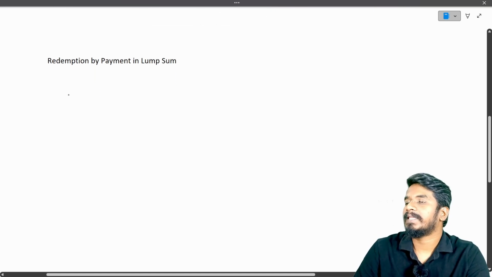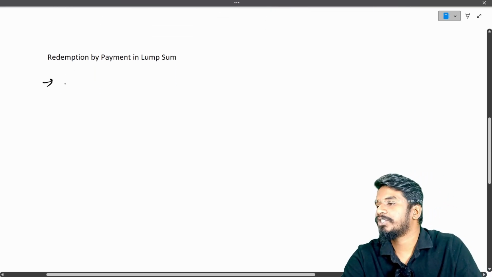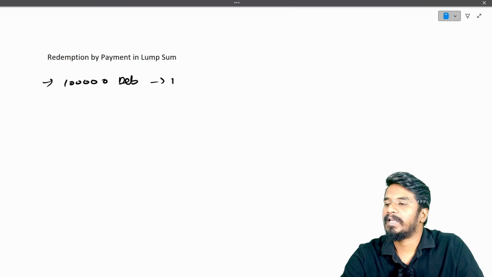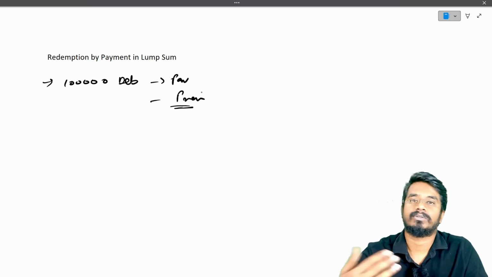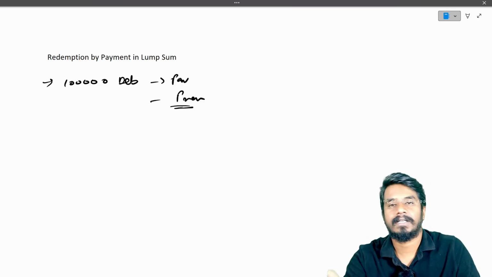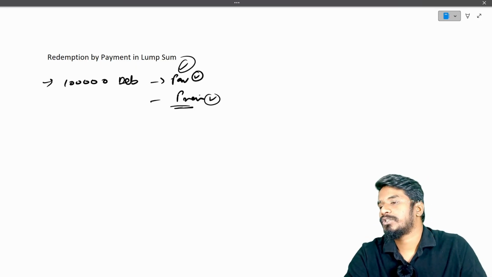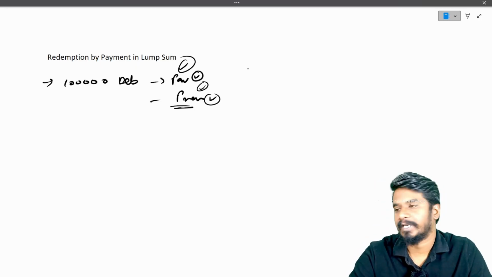The lump sum method is nothing but this: if a company issued 1 lakh rupees of debentures, it may be at par or it may be at premium. The redemption cannot be done at discount, right? We have these two only, par and premium.